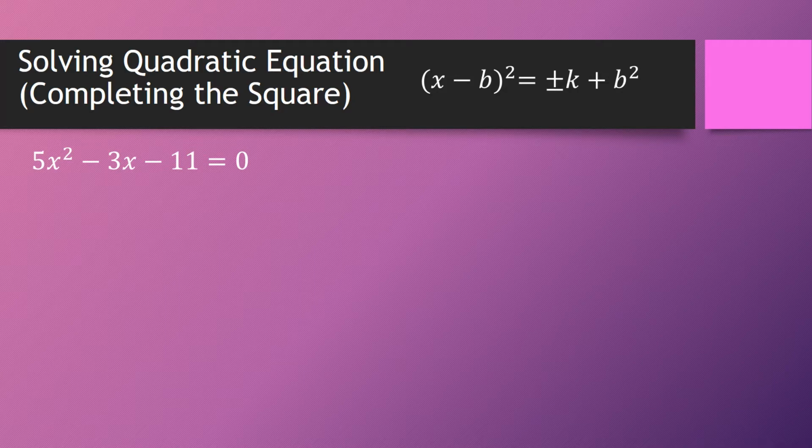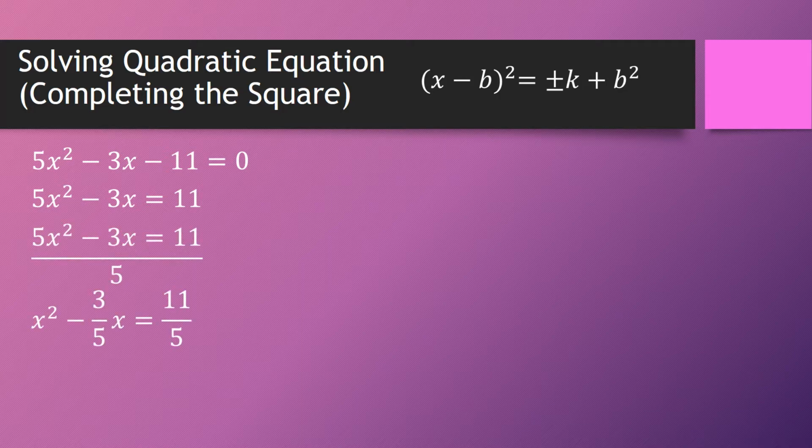Similar, the same now. But what you have to do, move 11 to the other side, you divide by 5, and you have it like this. Now what you have to do, you need to divide 3 over 5 by 2, which is 3 over 10. This is the value of b. This 3 over 10 is going to be b, this value. And 3 over 10 squared is 9 over 100, this value.